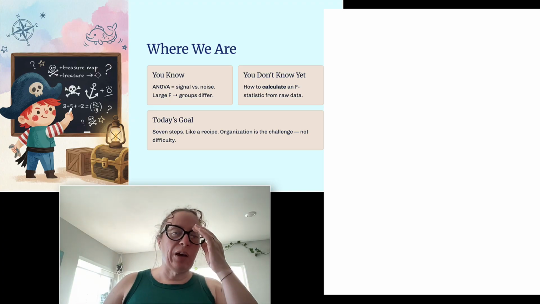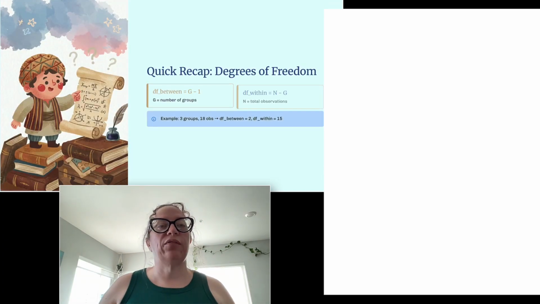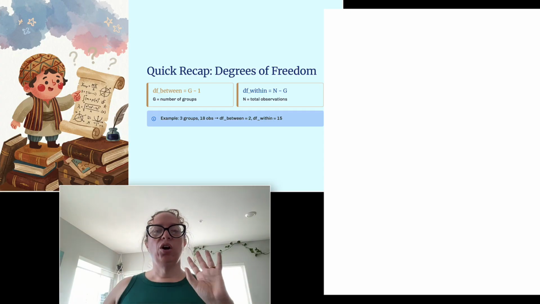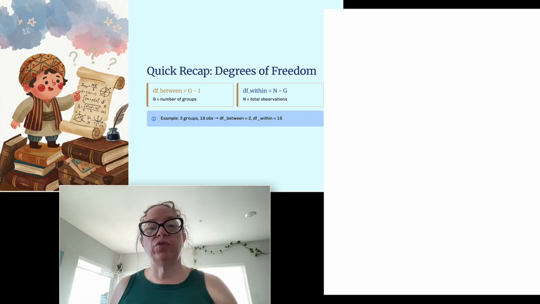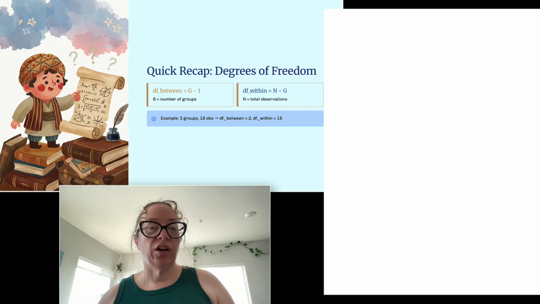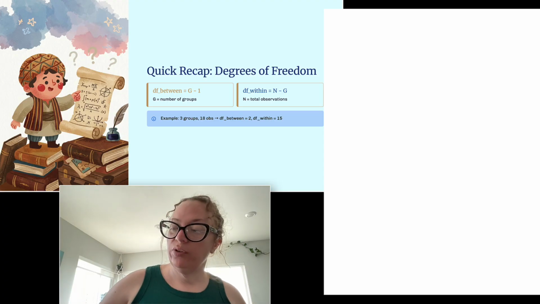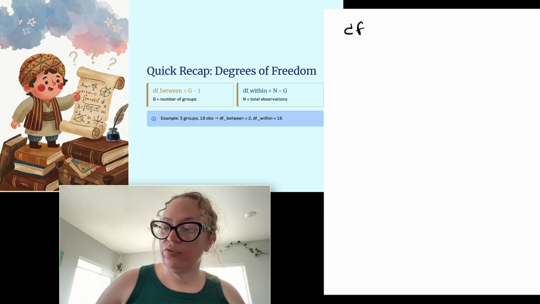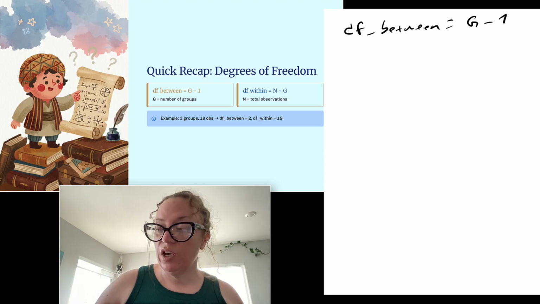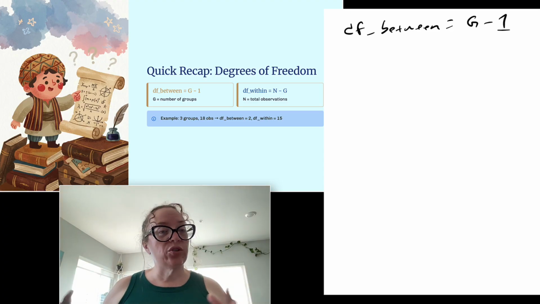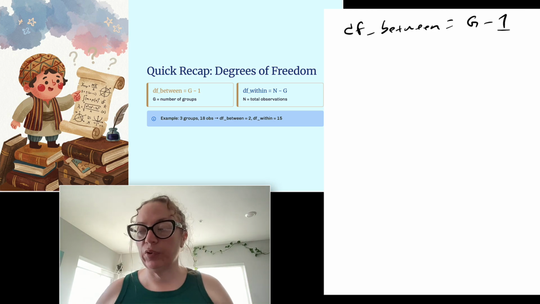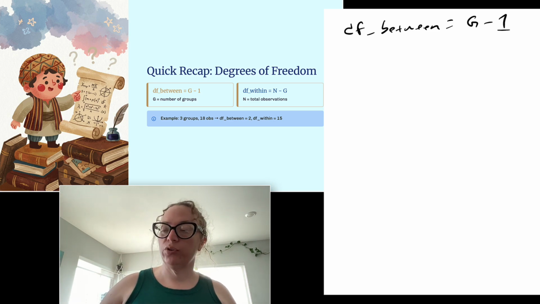So let me recap one thing from last lecture before we dive in. Hopefully you watched the video on degrees of freedom. That is available, so I'm just reminding you. So degrees of freedom between groups, the formula is G, the number of groups, minus 1, just like n minus 1 when you're only doing 2 groups.